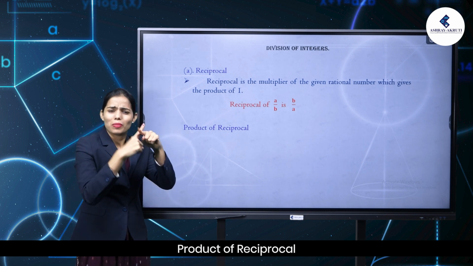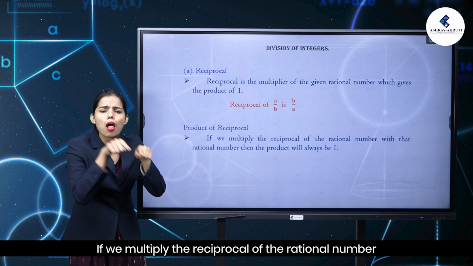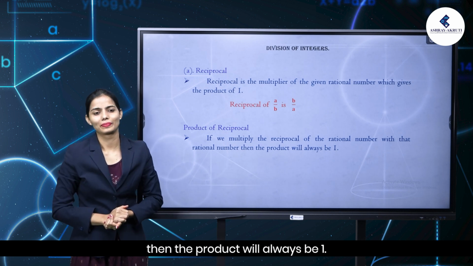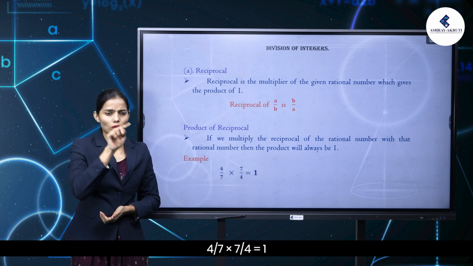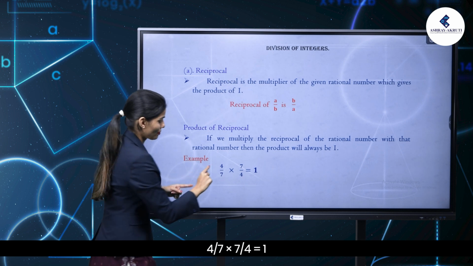Product of reciprocal. If we multiply the reciprocal of the rational number with that rational number, then the product will always be 1. Example: 4/7 into 7/4 is equal to 1.